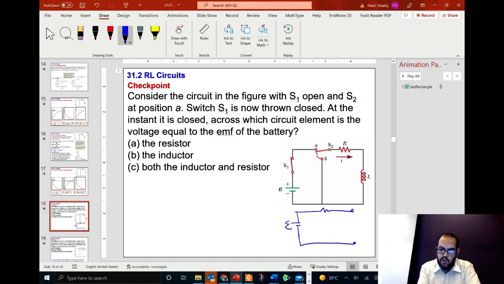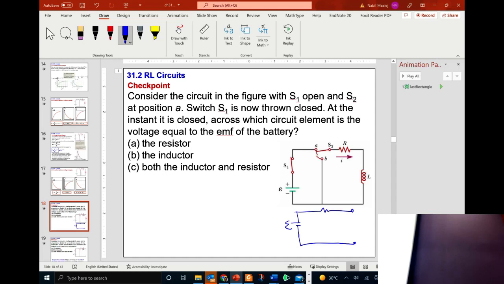So across which element will you find that the voltage is equal to the battery voltage? If you put a voltmeter here, what will you measure? You measure the voltage of the battery, because there is no current flowing anymore. There is no current flowing, so there is no change in potential across this resistor.